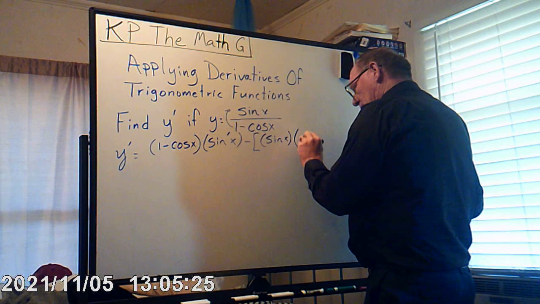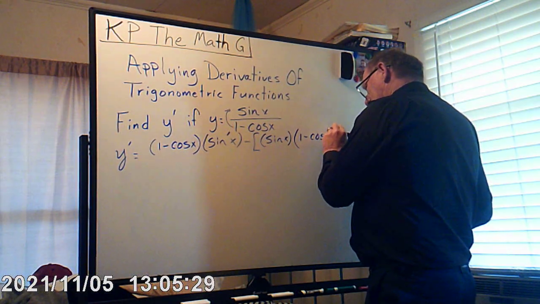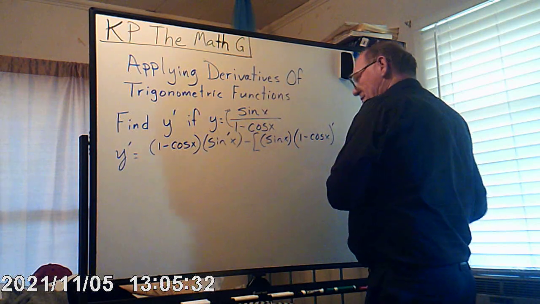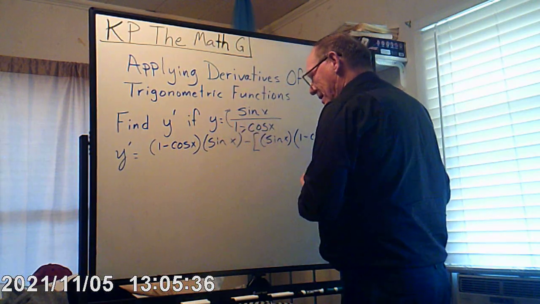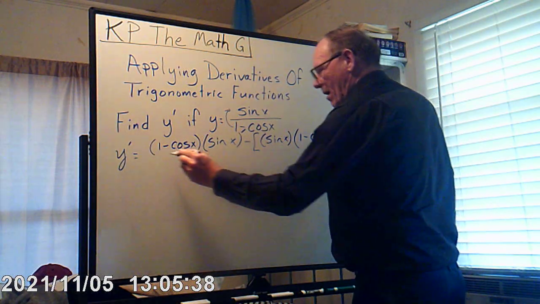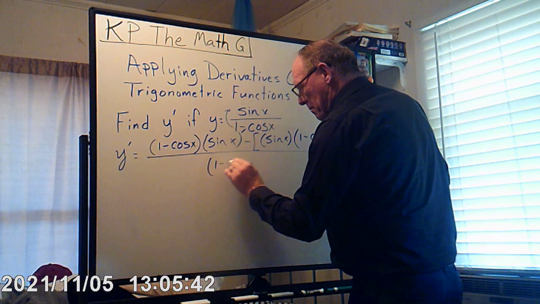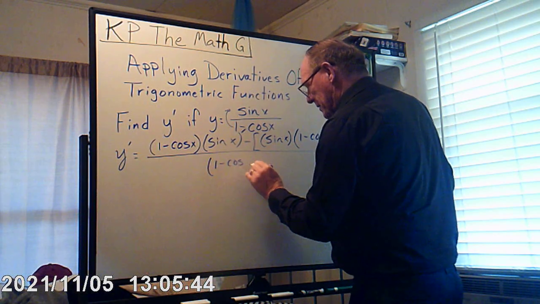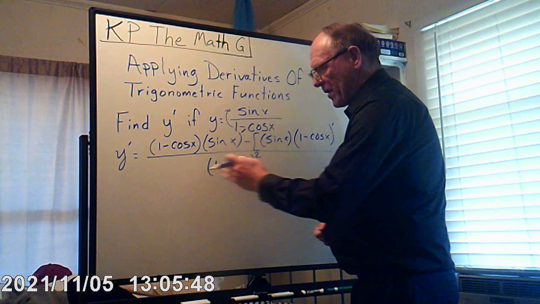So 1 minus cosine of x, that derivative there. And then all over low squared. So 1 minus cosine x, the whole thing squared.